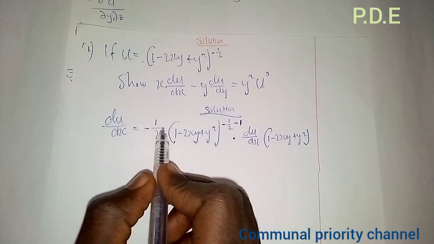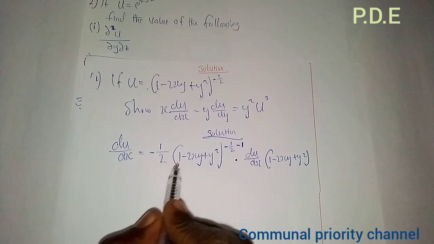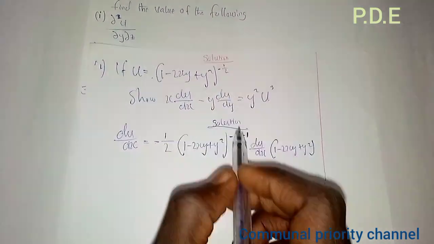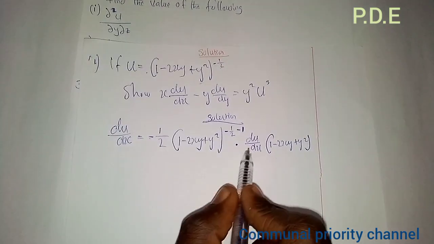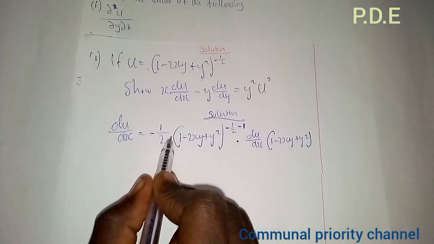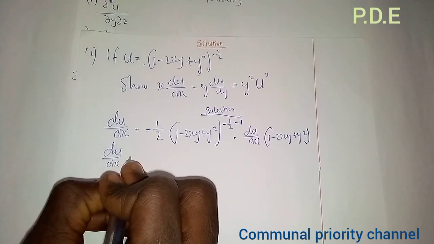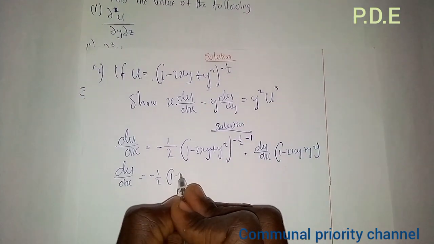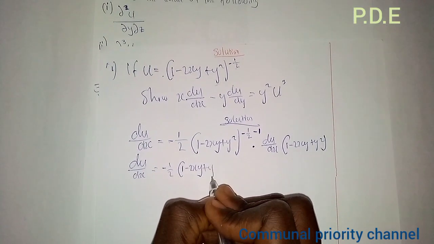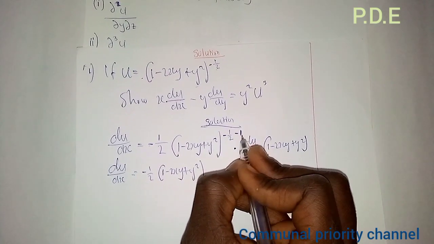So we multiply the power with the coefficient, we get minus 1 over 2, and we subtract 1 from the power. Then multiply by the differentiation of only this bracket, with respect to x. Therefore, now our du over dx will be equal to minus 1 over 2 into (1 minus 2xy plus y squared) to the power of minus 1 over 2 minus 1.